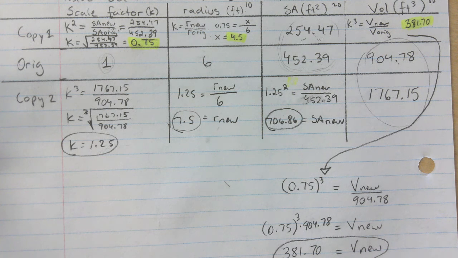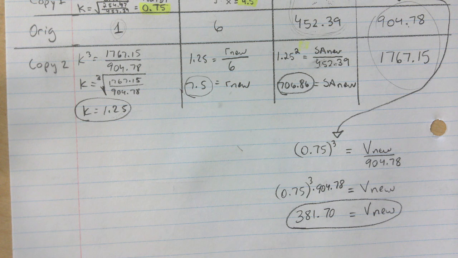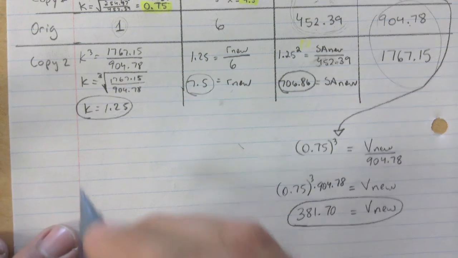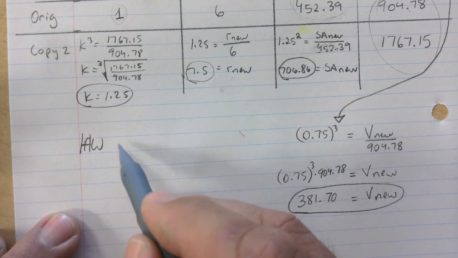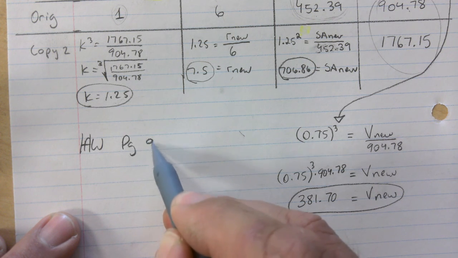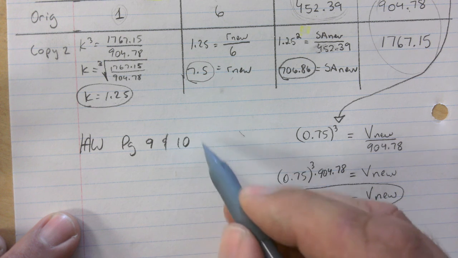So before I hand out the quiz and talk about it, I want you to do page 9 and 10 in the booklet. So homework, page 9 and 10, booklet.